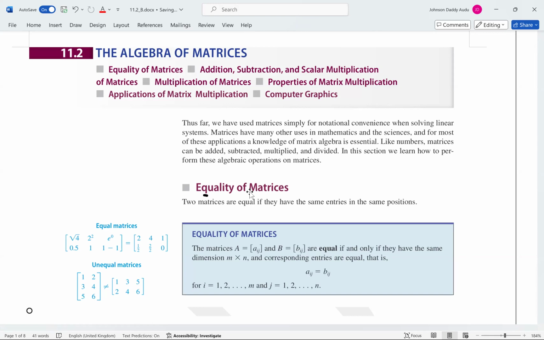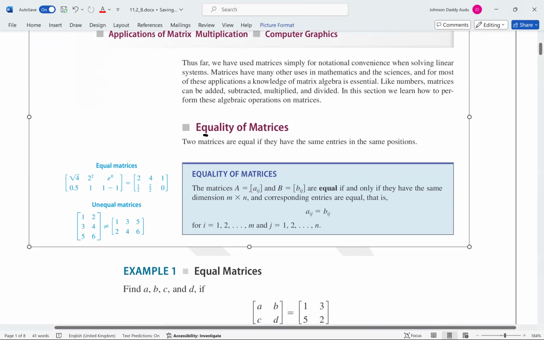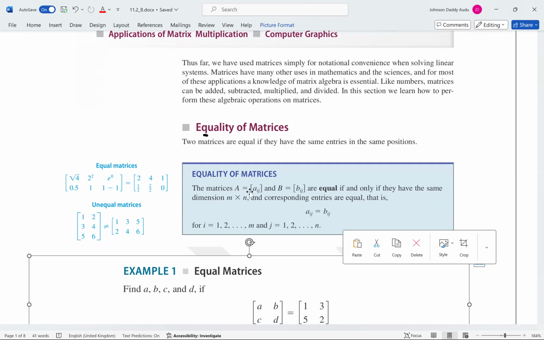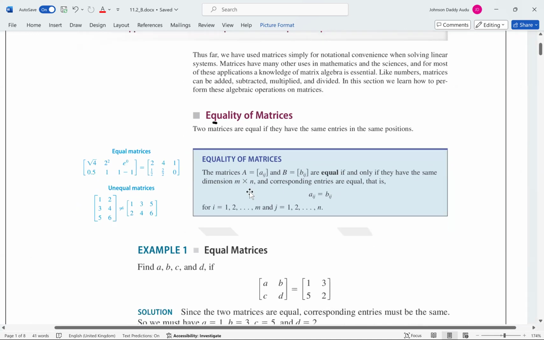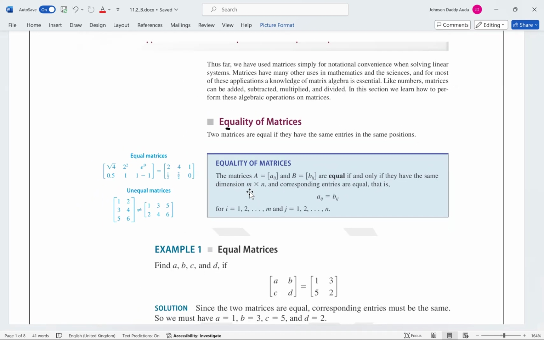Now, if you have two matrices, let's say matrix A is given by Aij, where i represents the row and j represents the column. And you have a matrix B, which is equal to Bij. Now, we said that two matrices can be equal if and only if a condition is satisfied.